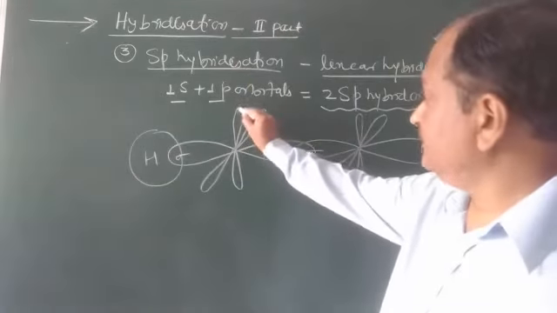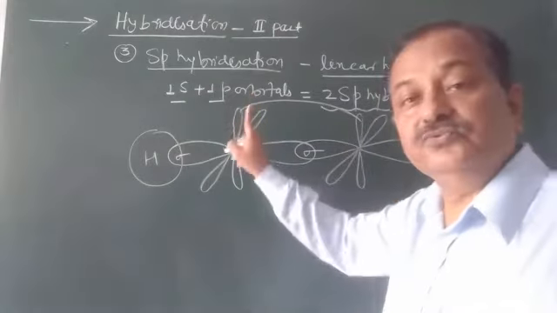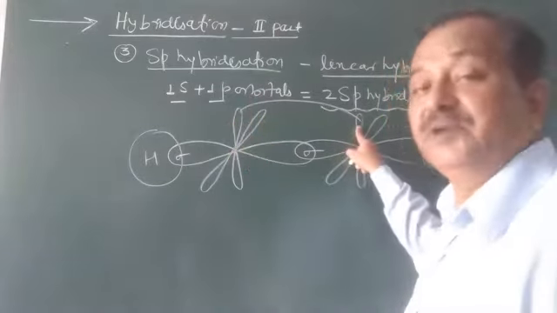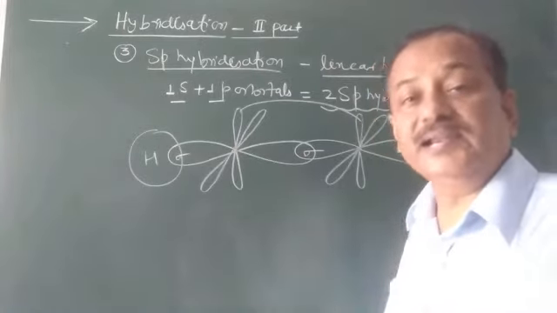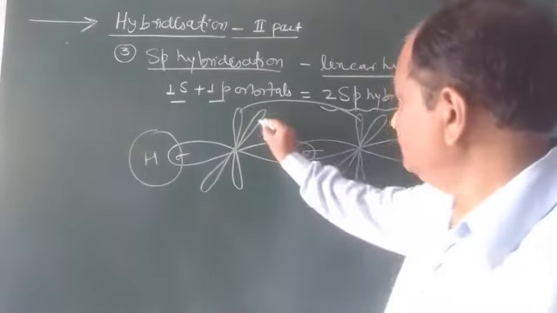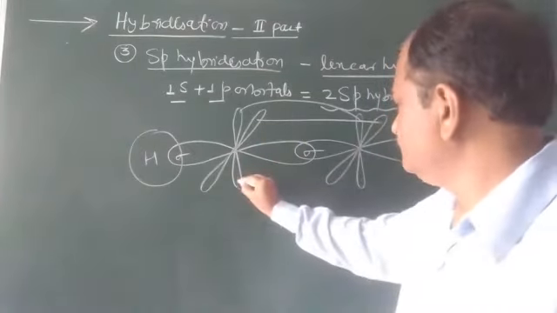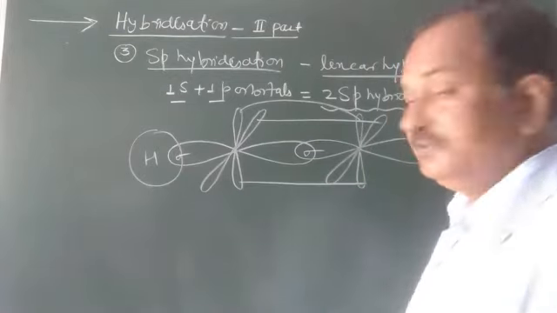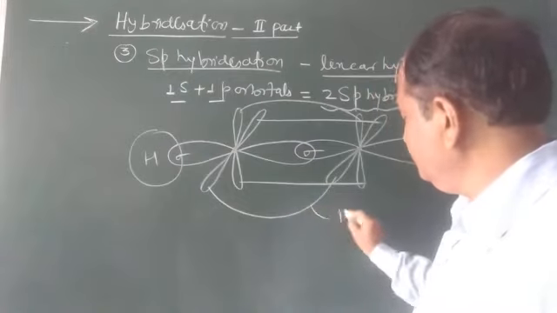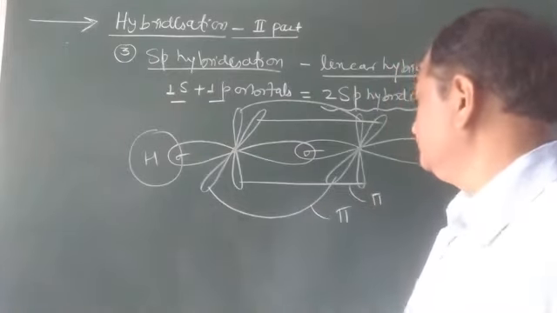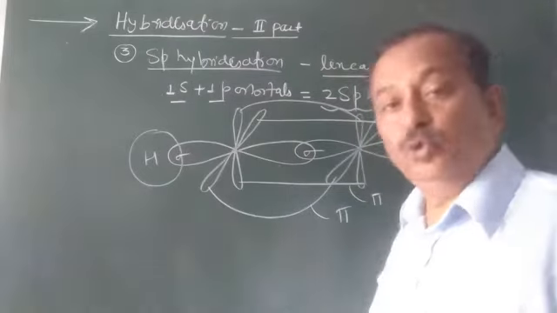Now see, this vertical will overlap with vertical. There is proper alignment; it is sidewise overlapping. This oblique will overlap with oblique. So there is one pi and another pi, and these are not four bonds; actually there are two lobes.